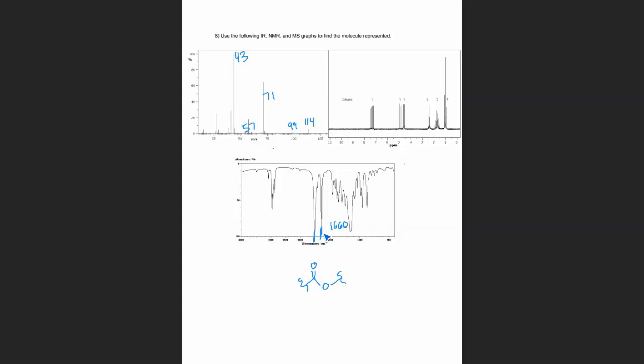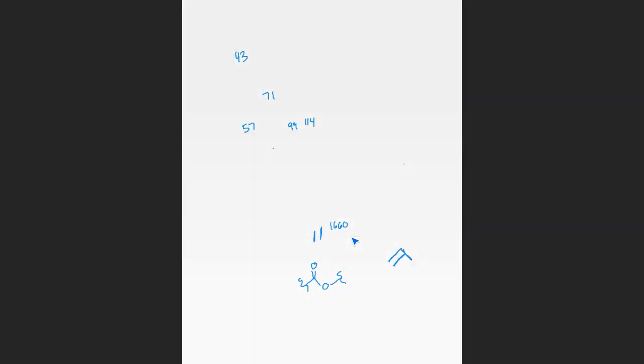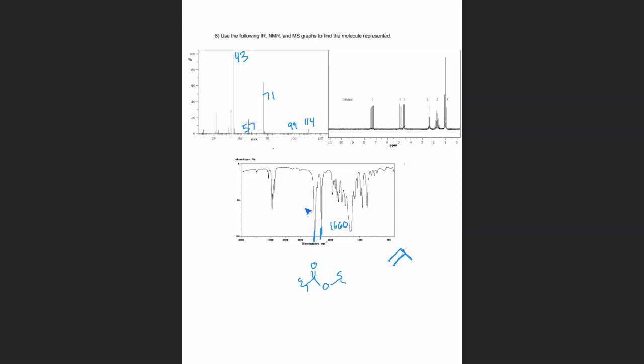With 1660, that can be either your amide peak or your double bond peak. With an amide, because we don't really have any peaks past 3000 to signify whether it's primary or secondary, we can say that it is a double bond peak instead.